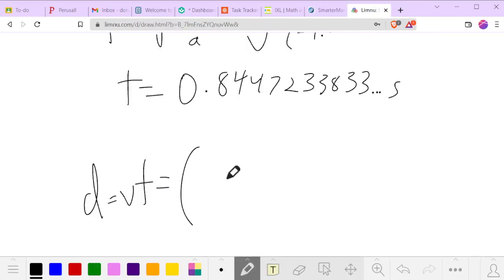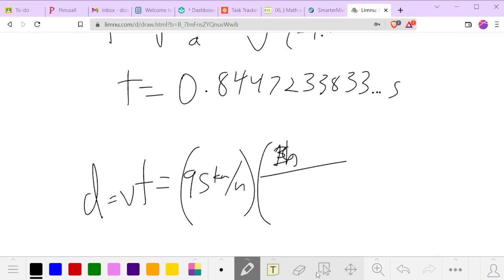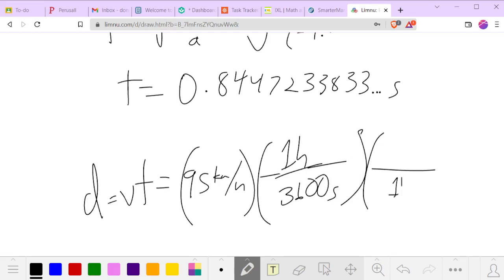It's going 95 kilometers an hour. And then we can convert that. We have 1 hour over 3,600 seconds, 1 kilometer, 1,000 meters, times 0.844, etc. seconds.